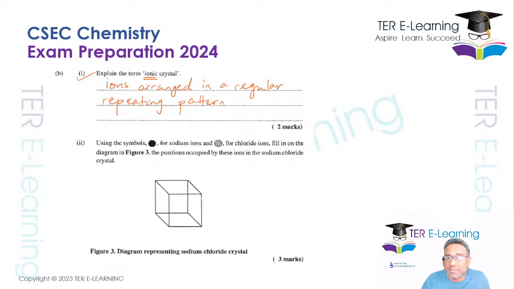Now sodium chloride has a cubic lattice. In the second part, they said using the symbols, a solid for sodium ions and a solid with lines on it for chloride ions, fill in on the diagram the positions occupied by these ions in sodium chloride. They give us part of a structure, not the whole thing.